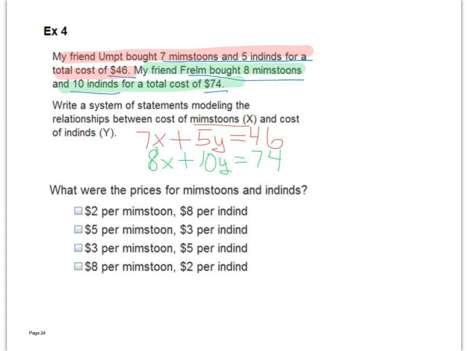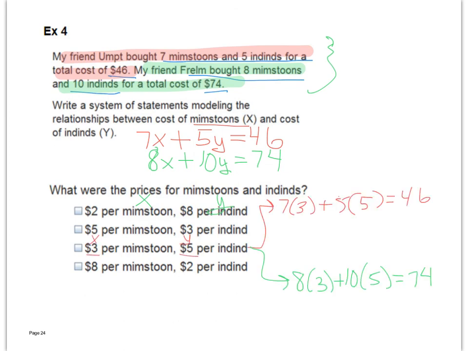Now we have a system of equations written in equation form rather than word form, and we can solve it. The cost of Mimstoons and Indins were X and Y, we substitute in. I'm going to pause. You try, see if you can find the answer.